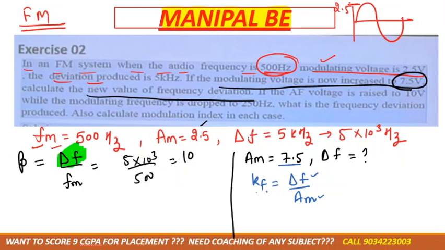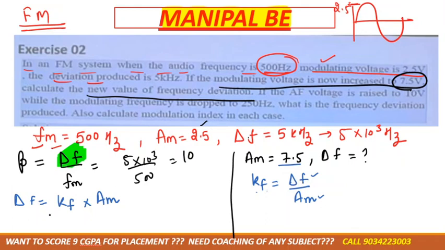For this we need KF. So if I calculate it from here, delta F is equal to KF into Am. Can I write it down like this? Okay, now we need to calculate KF, then only we can get the value of delta F, right?